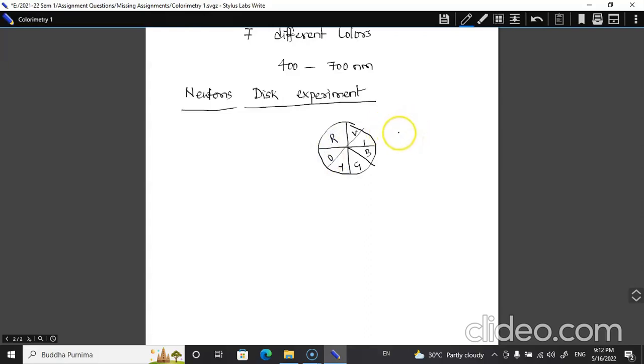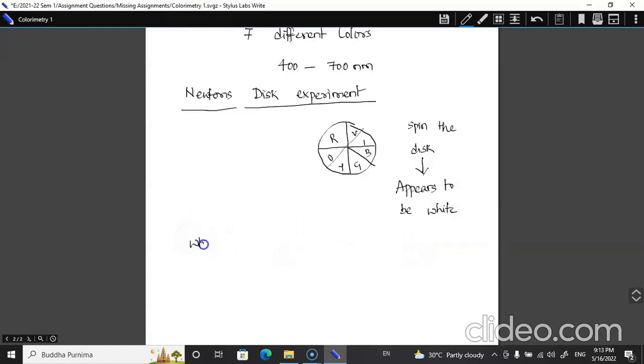Now if I spin this disk, on the whole it appears to be white.